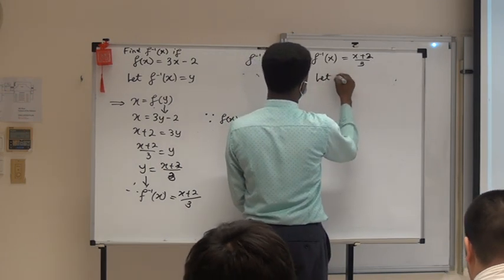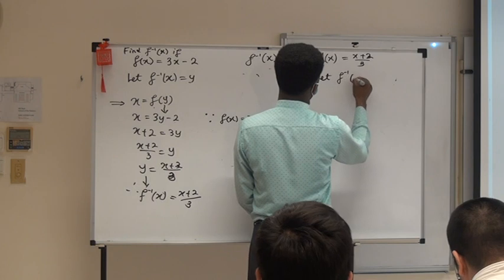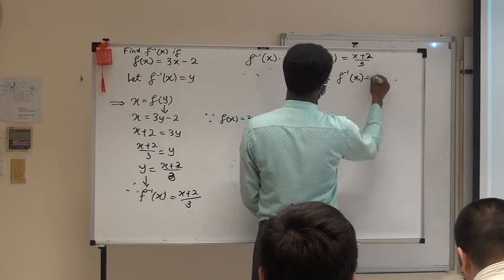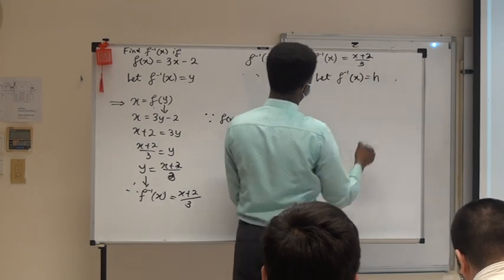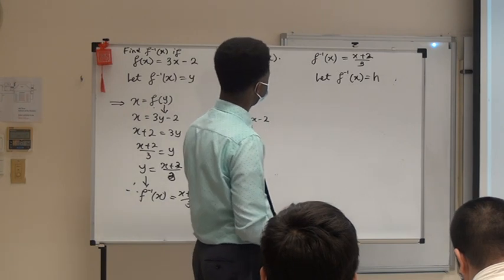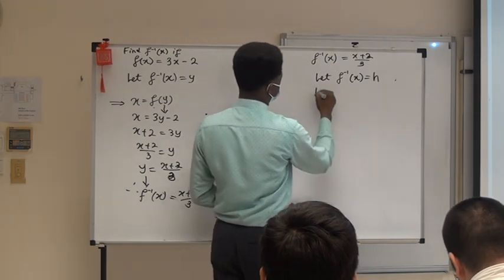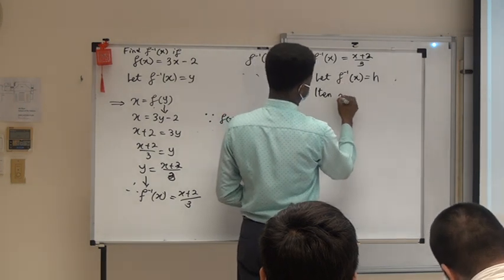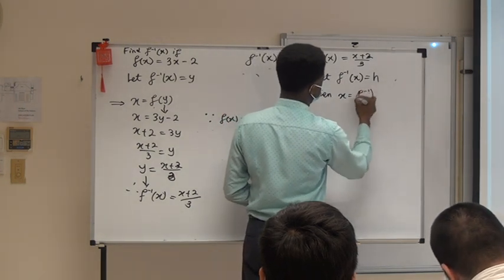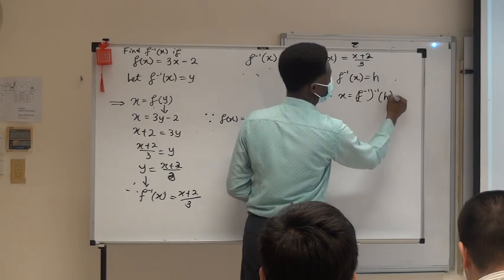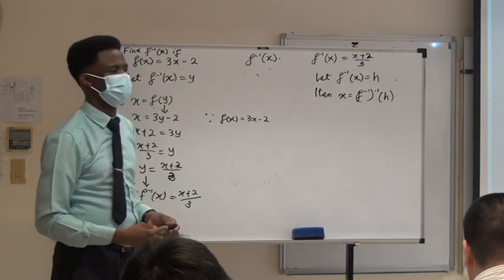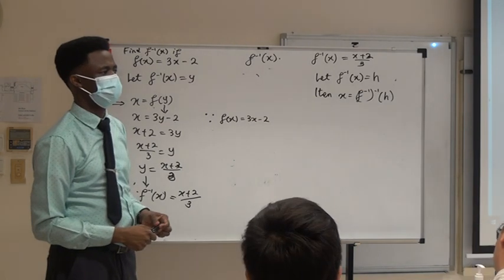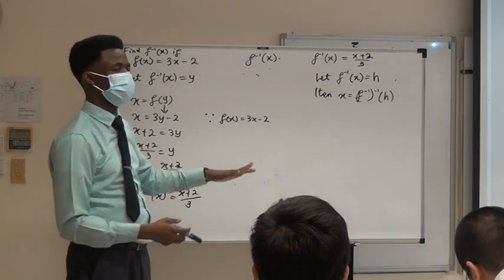So you did let f inverse of x be equal to h or w. Then you say x will be equal to the inverse of h, like this. This was what you did. Understand? So I just wanted to mention that.